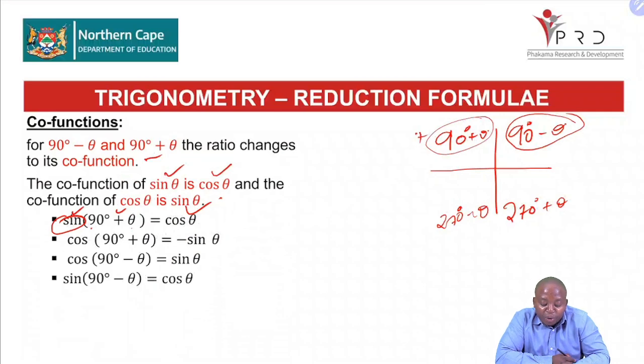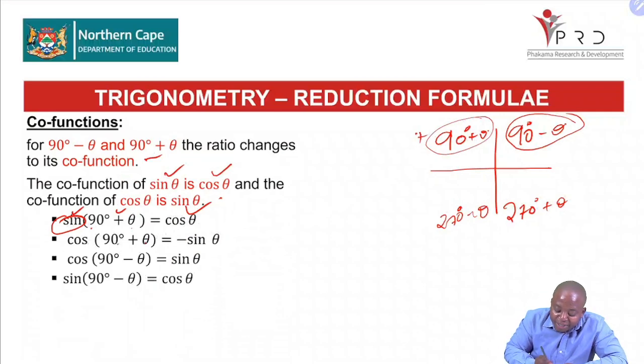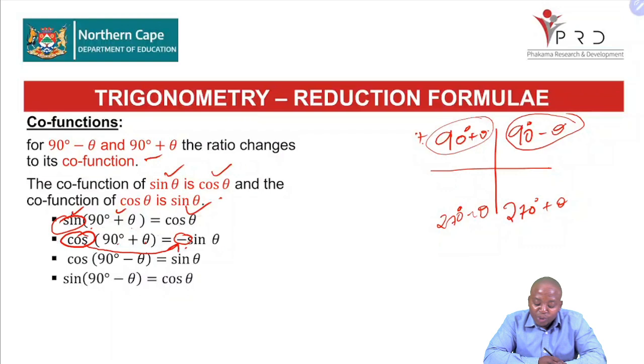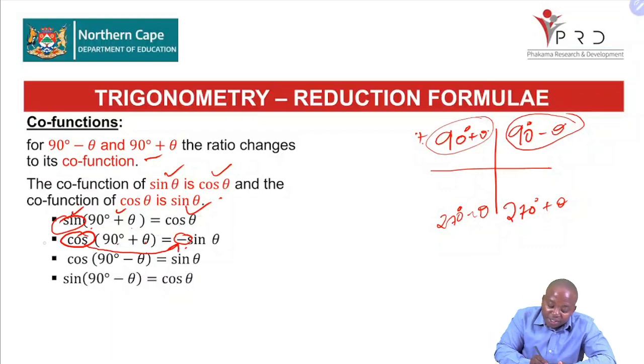Then for cos of 90 plus theta, in the second quadrant only sine is positive, so cos was negative. So we have a negative sign there, because this is a second quadrant.